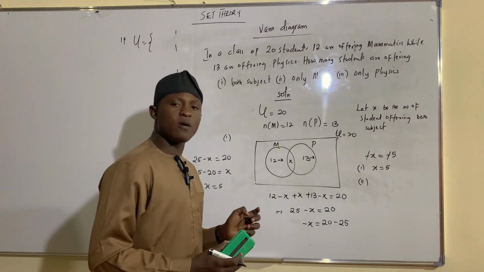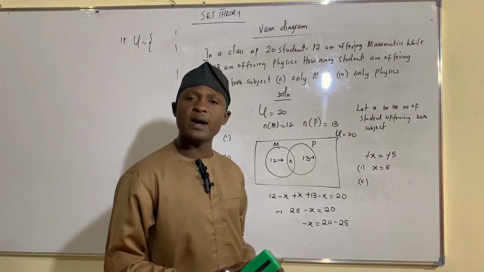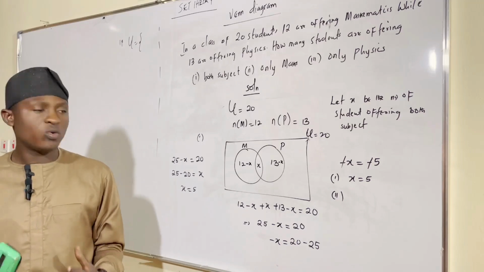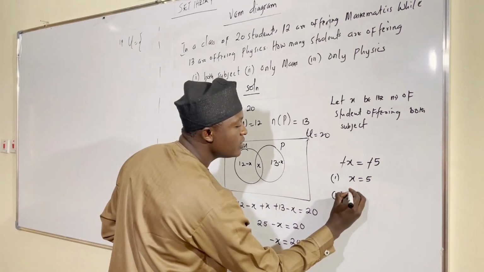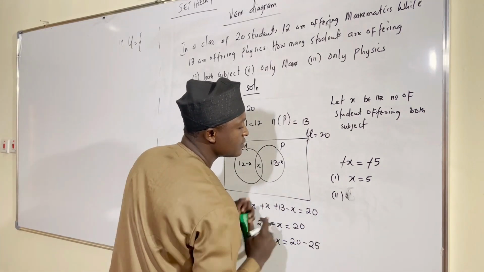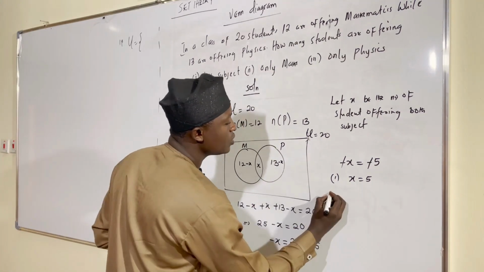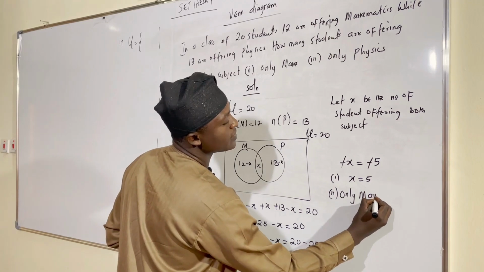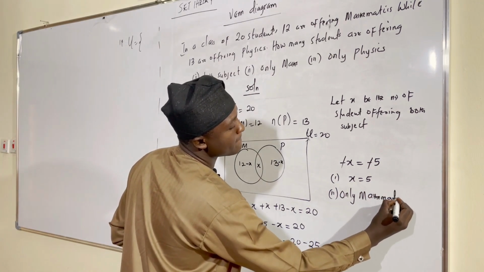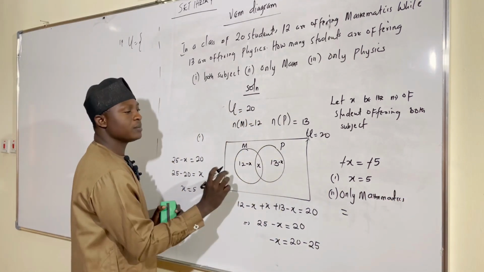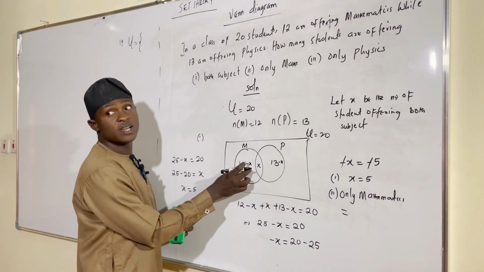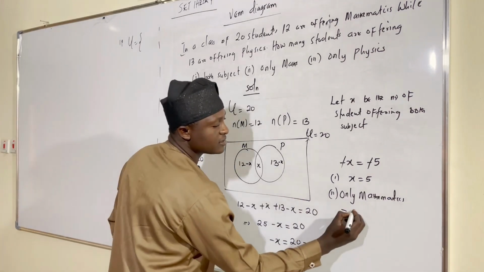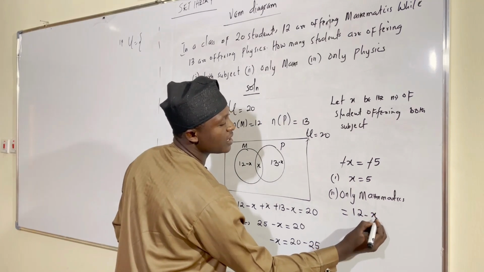They said we should find the number of students that are offering only maths. Only maths is very simple and straightforward. They are offering only mathematics. So now, check the Venn diagram. What do we have there? What we have there is 12 minus x.